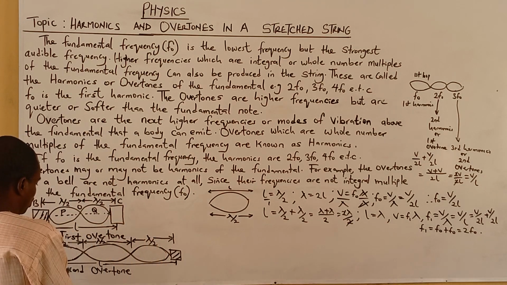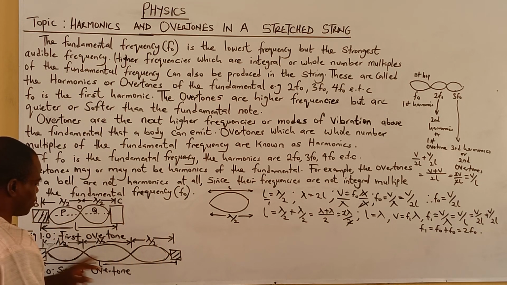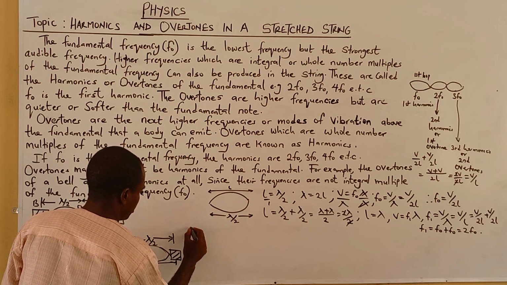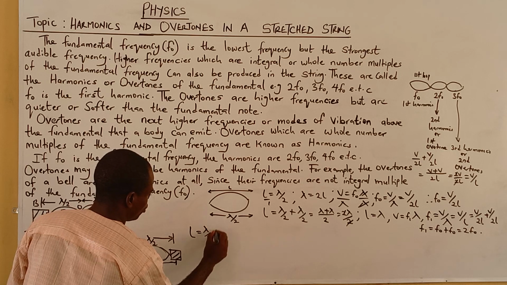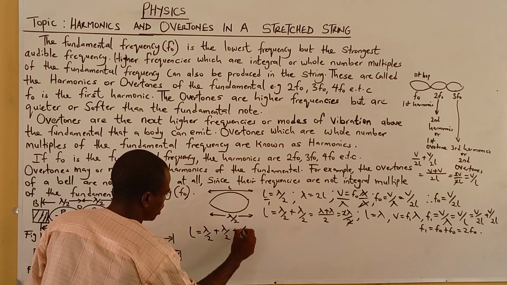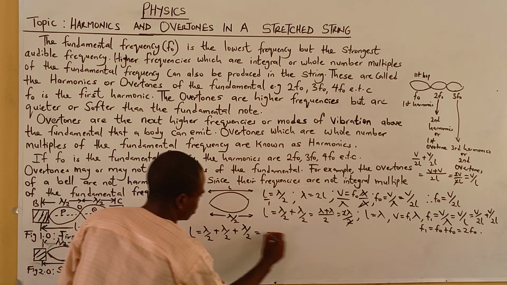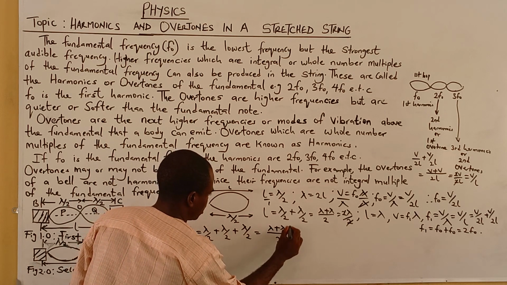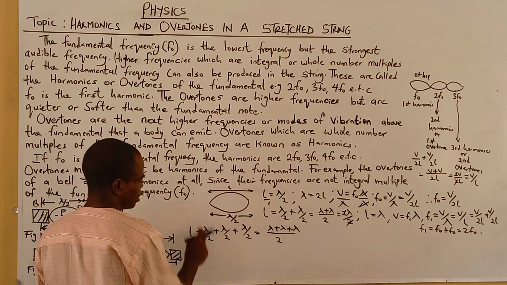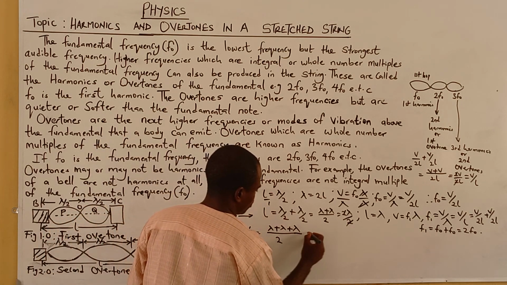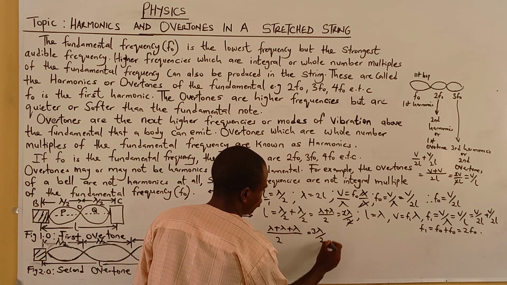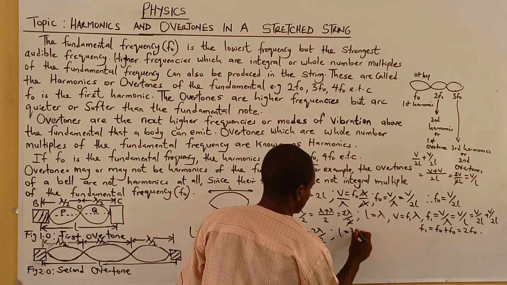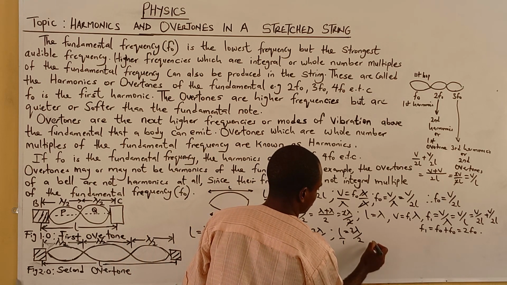For the second overtone, we have 3 loops. You now have L equals lambda over 2 plus lambda over 2 plus lambda over 2. LCM is 2. Lambda plus lambda plus lambda, which is 3 lambda over 2. Now L equals 3 lambda over 2, multiply through.